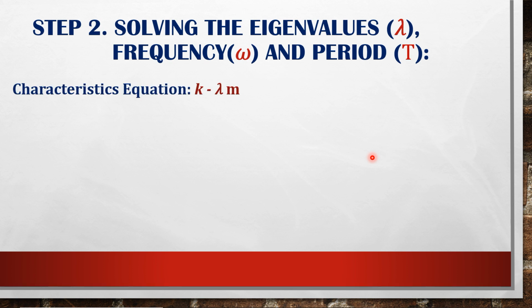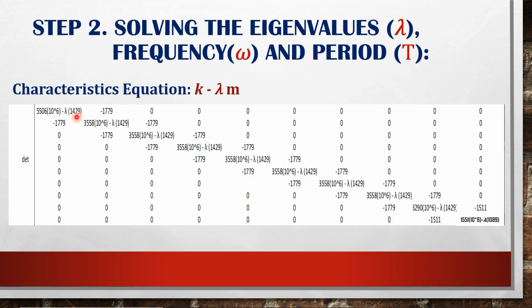This is the determinant. 5,506 million is our K, minus lambda, which is what we will look for, our eigenvalue. Then for mass, we have 1,429. You may wonder why it became 1,429. It is because we converted the 1.429 ton into kilograms, so it is multiplied by 1,000, and the result is 1,429 kilograms. The rest follows the same process.